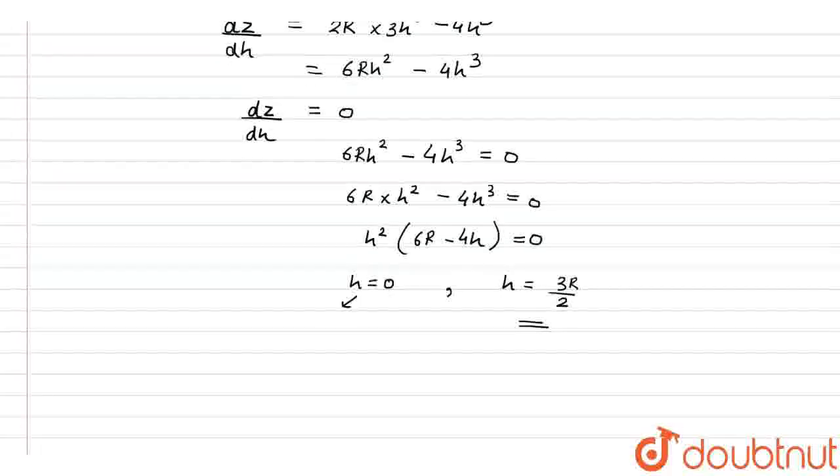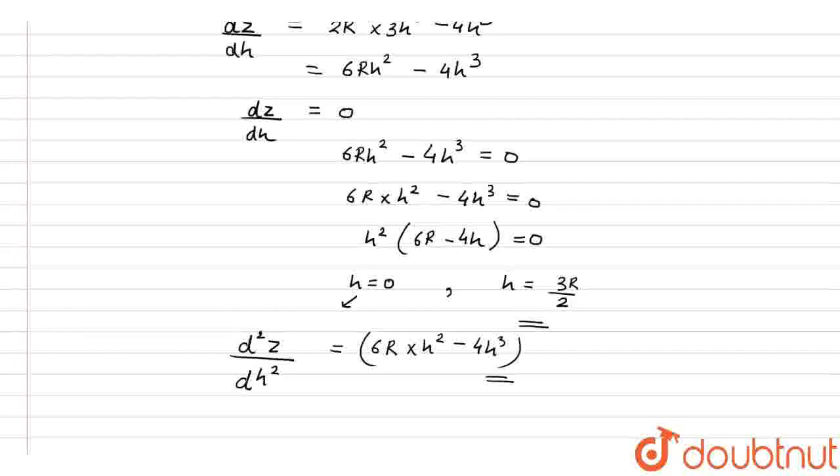So after considering 3r by 2, we'll double differentiate this z with respect to h, so that we can check the sign of d²z/dh². For double differentiating, this will be equal to 6r h² minus 4h³, and we'll again differentiate it with respect to h.